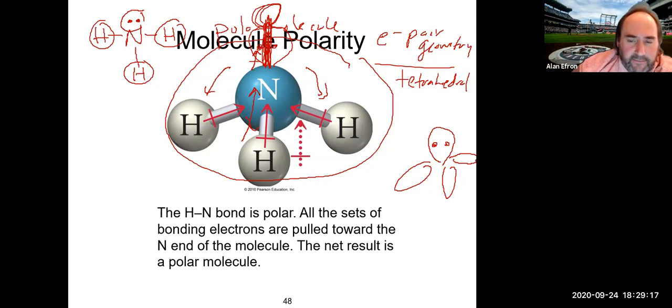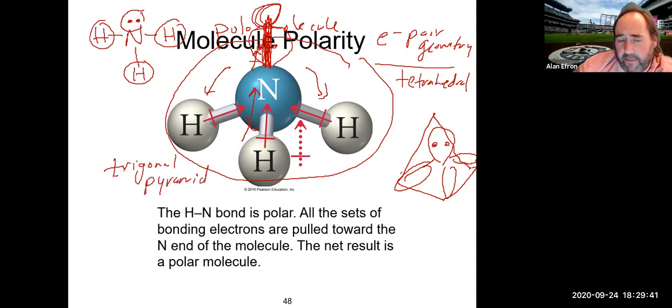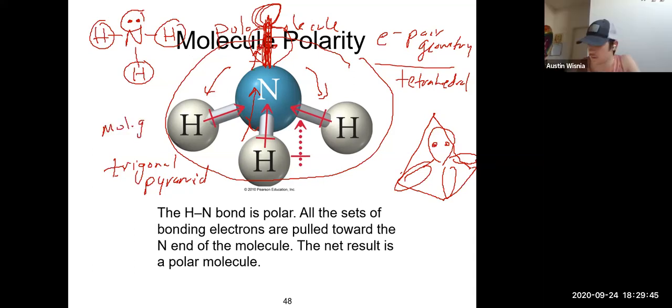And what it ends up doing to the overall shape of the molecule is give it that pyramid shape on the bottom, along with the triangle shape up on top. And that's why the overall molecular geometry, which is sometimes referred to as the shape, is known as trigonal pyramid. So if you were asked what the molecular geometry of this guy was, or the shape of it, trigonal pyramid is the correct answer for that. Thank you, that makes sense.